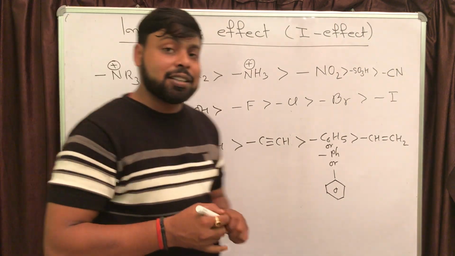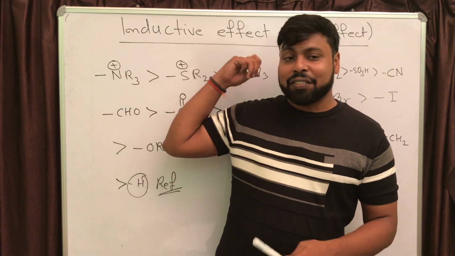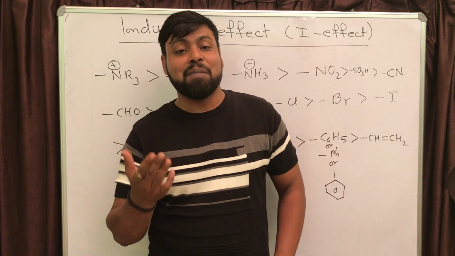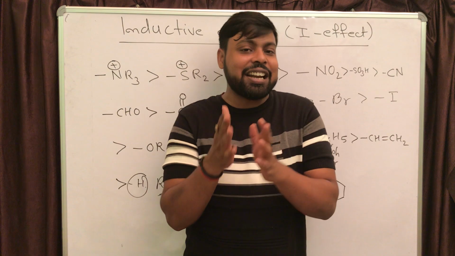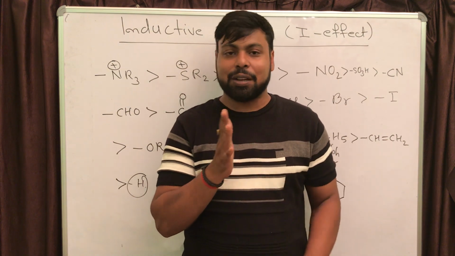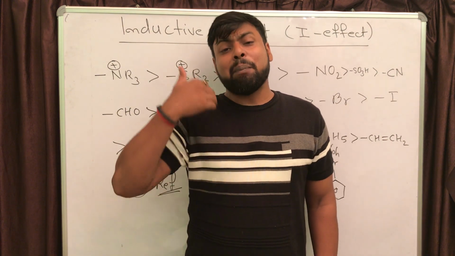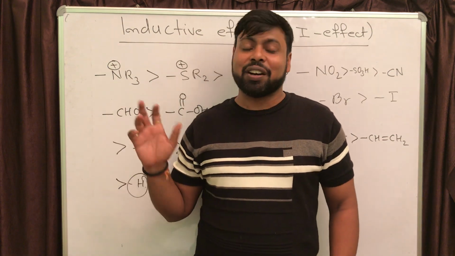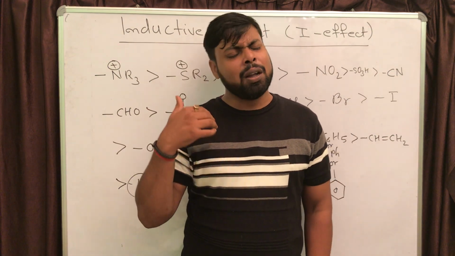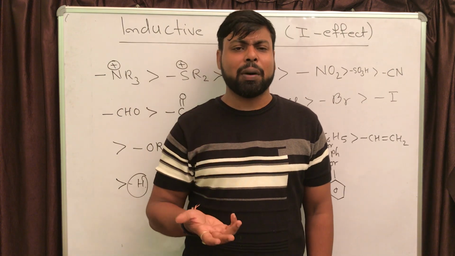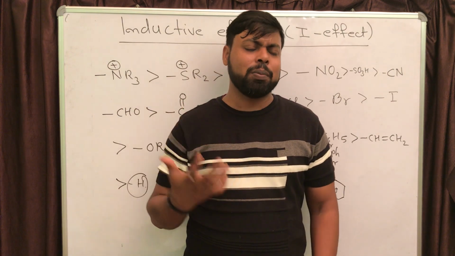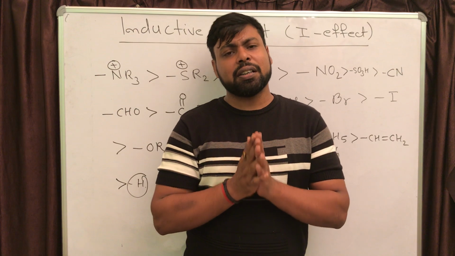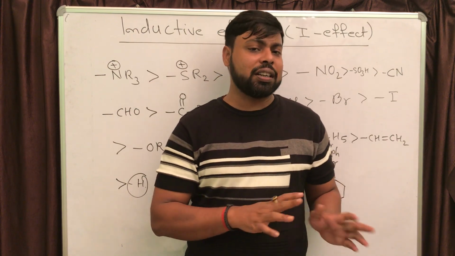Just attach this hydrogen atom with different groups and then measure the extent of shifting of sigma bond pair electrons. Based on that experiment, both orders, the plus I group order and the minus I group order, are given.